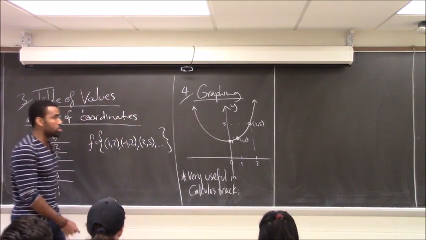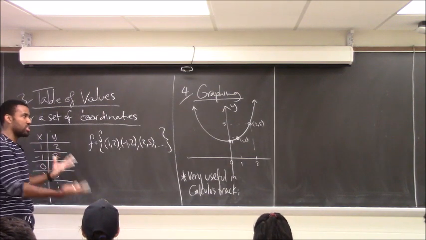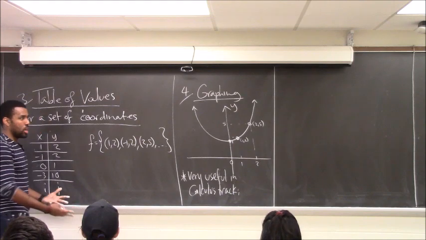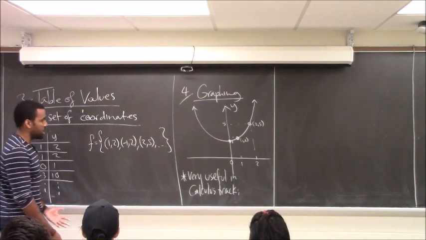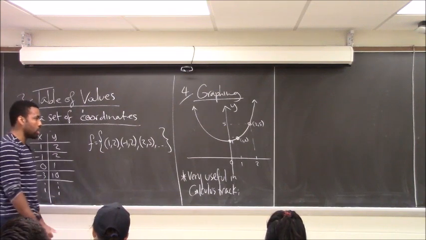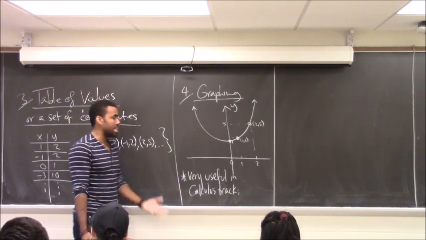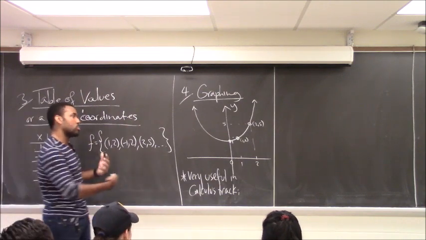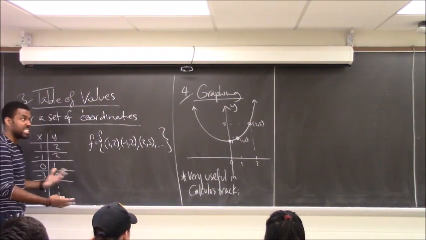And the nice thing about pictures is that you can talk a lot about a function and its behavior pretty much at a glance without needing to do too many calculations. So for example, I can say, for this particular function, the minimum value is going to be 1. I would know that no number that's negative will be an output of this function. I can understand that this function deals with the negative sides and the positive sides in exactly the same way.